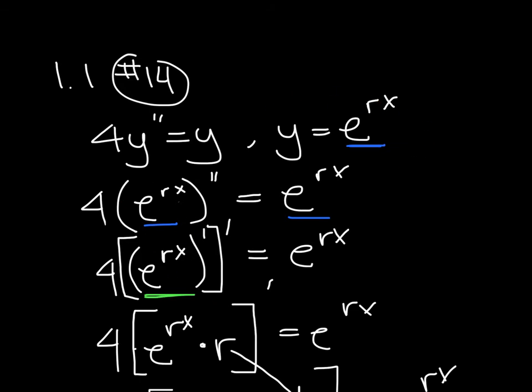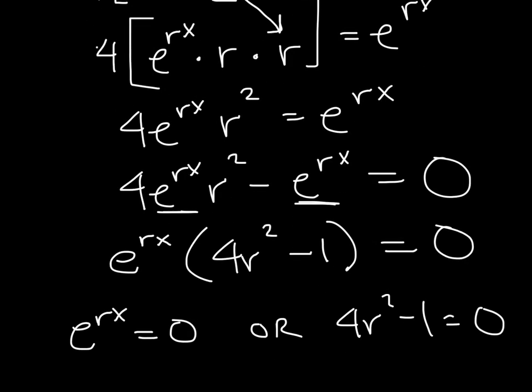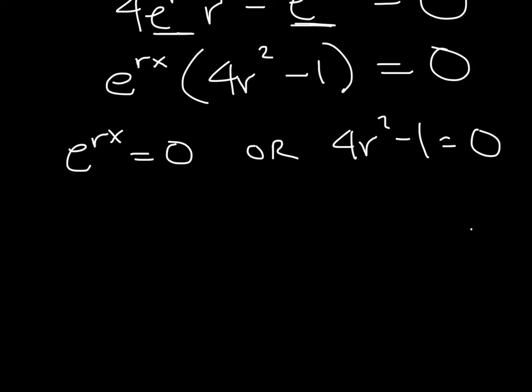But again, here we're not verifying, right, because we don't know what r is, and so we're determining r. And so here, the question is, when is this function equal to 0? Well, this is an exponential function, right? It's an exponential growth or decay depending on what r is. If r is positive, it's exponential growth. If r is negative, it's exponential decay.